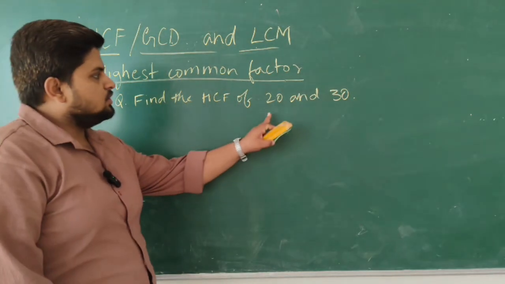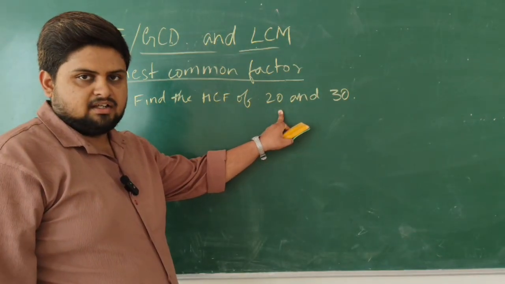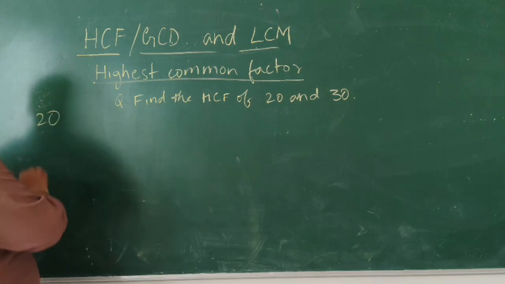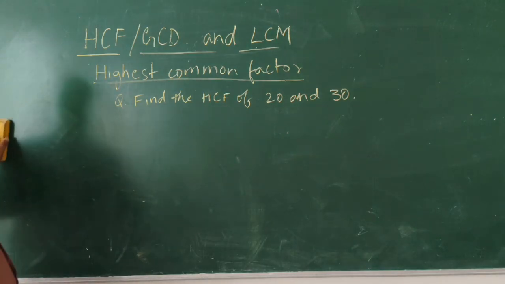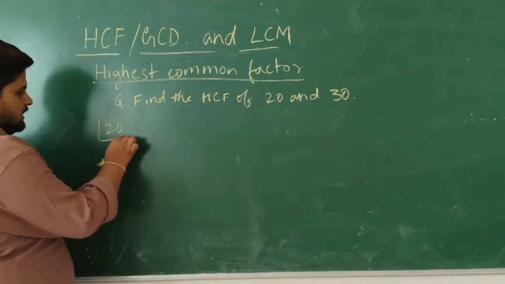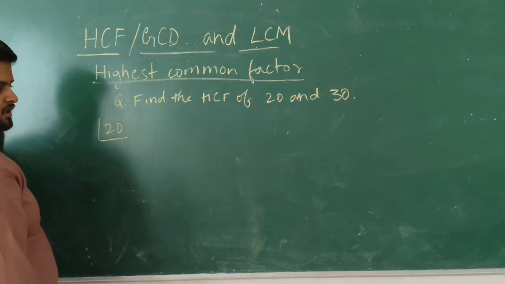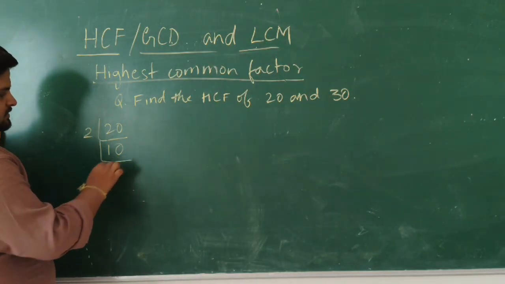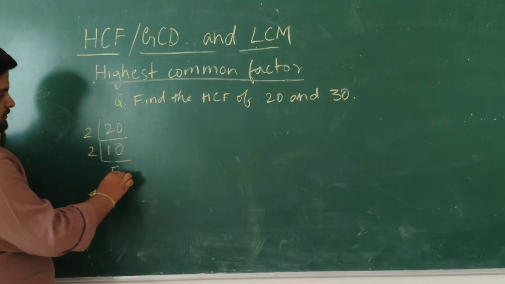First, you need to list out the factors of 20 and 30. Let us prime factorize 20 for that. 20 is divisible by 2, so 2 10s are 20. Next, 10 is again divisible by 2, so 2 5s are 10.